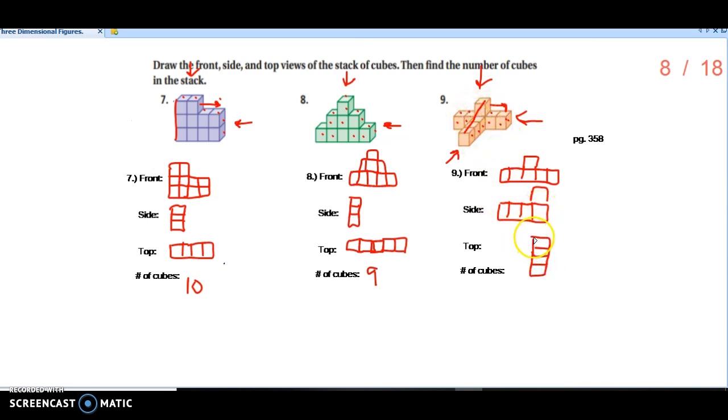And then 2 to the left and 2 to the right. And how many cubes there are? There's 1, 2, 3, 4, 5, 6, 7, 8, and then the one underneath it that's pushing it up to stand it up there would be your 9th one. Okay.